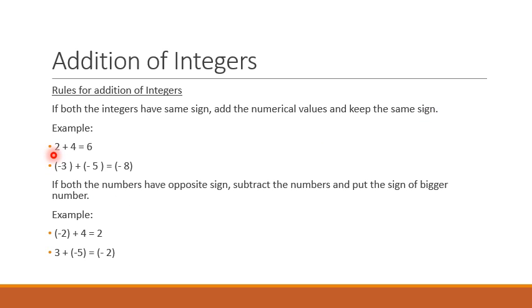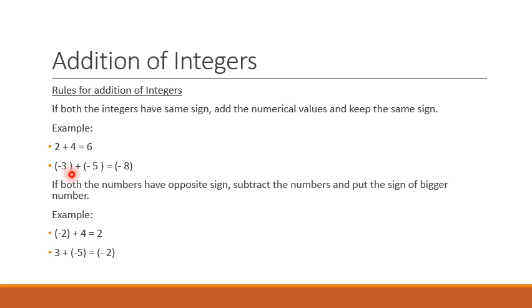Here we have positive 2 added to positive 4. Both the numbers are positive. What do we have to do? Add the numerical values of the two. So 2 plus 4 is 6, and as both the numbers are positive, the answer is also positive. Now here in this example we have minus 3 added to minus 5. Both the integers here are negative, so they have the same sign.